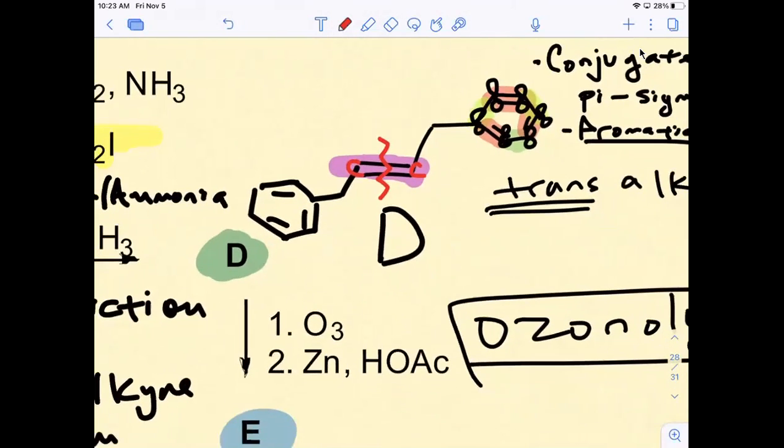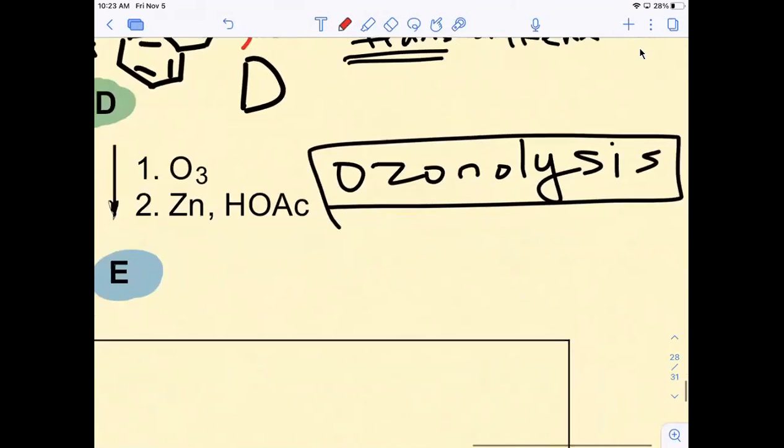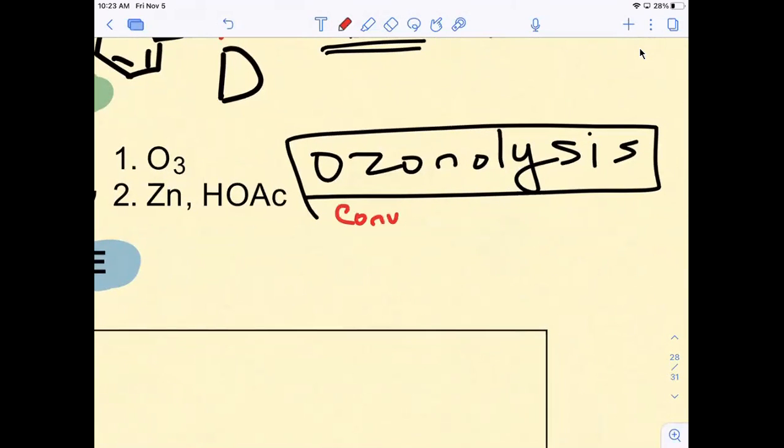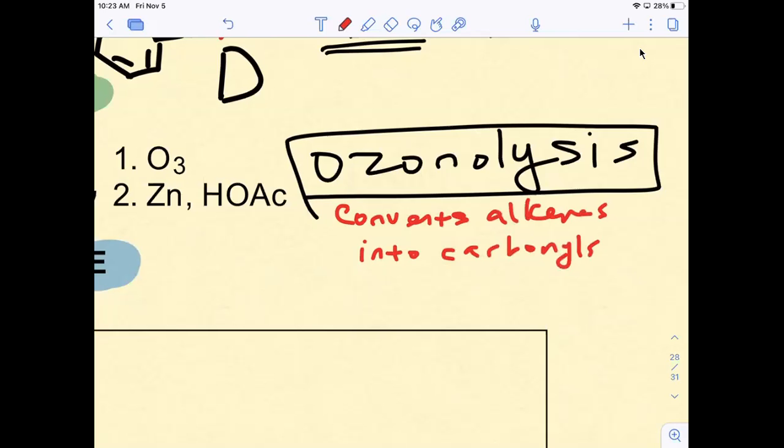So when I do ozonolysis, that converts alkenes into carbonyls, right?